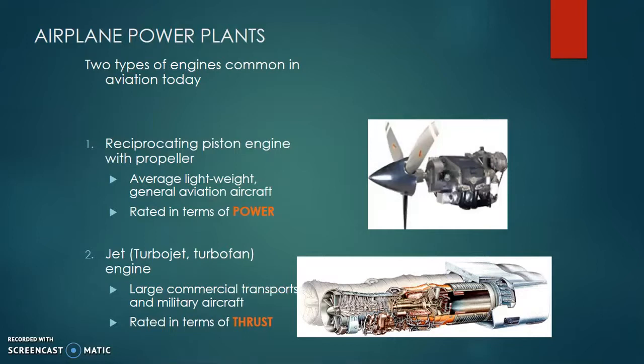But simplistically, the turbo engine is a closed-ended engine like this, whereas a propeller or a piston has open portions of these moving parts. The whole idea is the requirement of thrust or power. The reciprocating piston engines with propellers are rated in power, whereas these are rated in thrust.